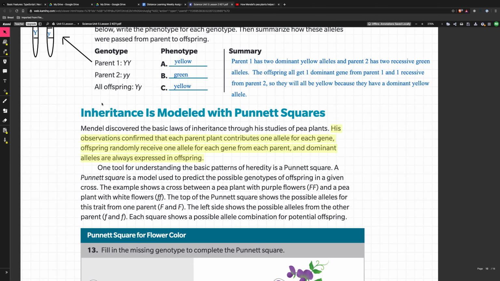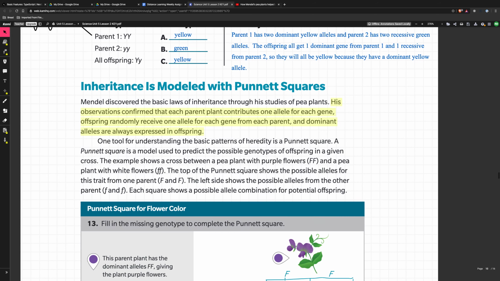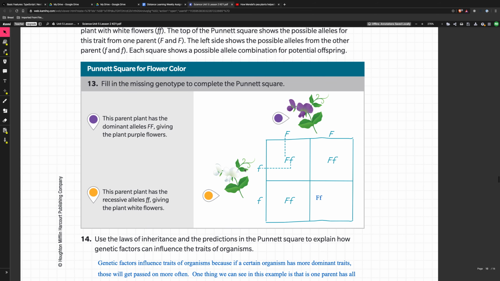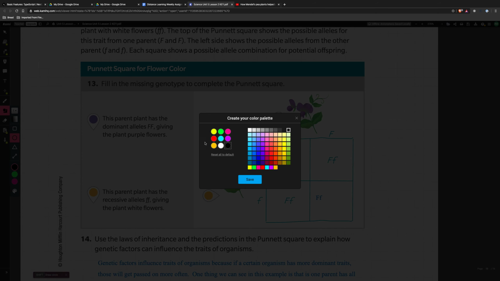So we can model this with these squares. Now this is going to go way back to the beginning with the purple and the white plants. We'll show you how you had a purple plant and a white plant, and remember, you had all of their offspring. Let me be fancy over here.